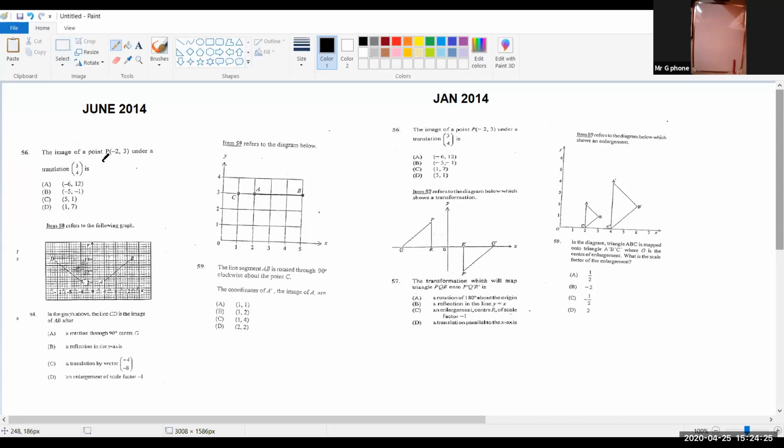Negative 2, 3, plus our translation 3, 4. Negative 2 plus 3 will give us positive 1, and 3 plus 4 is 7. So the answer here, yes, it is D.